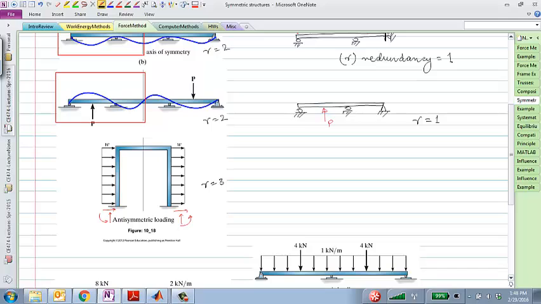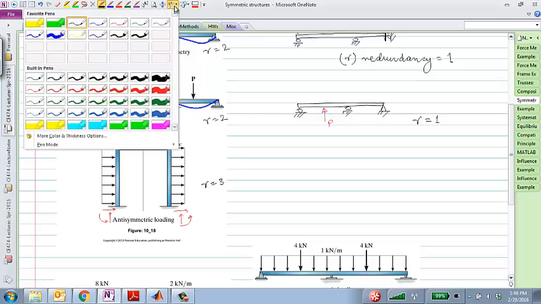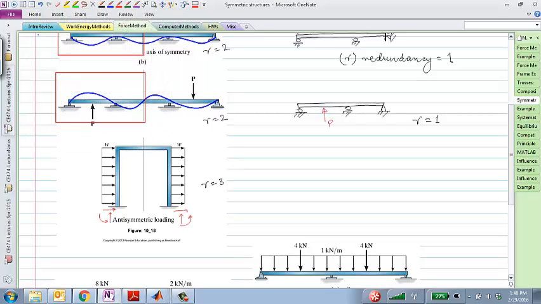Now the deflected shape is what is going to help us figure out what would be this half symmetric problem that we should solve, because degree of redundancy 3 again means you would need 3 compatibility equations, lots of sub-problems to solve. So if we can reduce the degree of redundancy, that would be a good way to go.